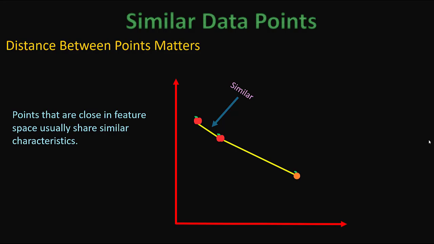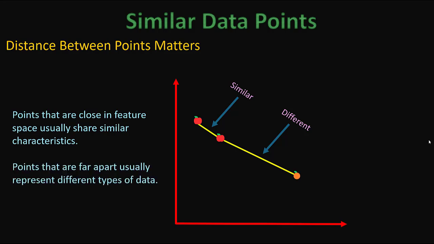These are fruits, but in machine learning, these are the three points in the feature space. These two points are close to each other, so they have similar characteristics. And these two points which are far apart are different. So points that are far apart usually represent different types of data, as we can see from this example.